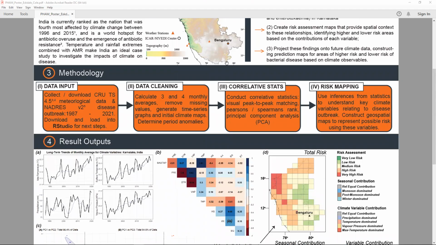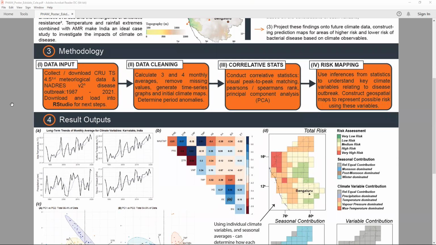So what we did was we downloaded available climate data from the CRU time series meteorological dataset available online through CEDA, and of course the NADRES V2 disease datasets, both of these spanning from 1987 to 2021. We downloaded these into R, calculated long-term averages, fixed the data into time series, and determined key anomalous years.